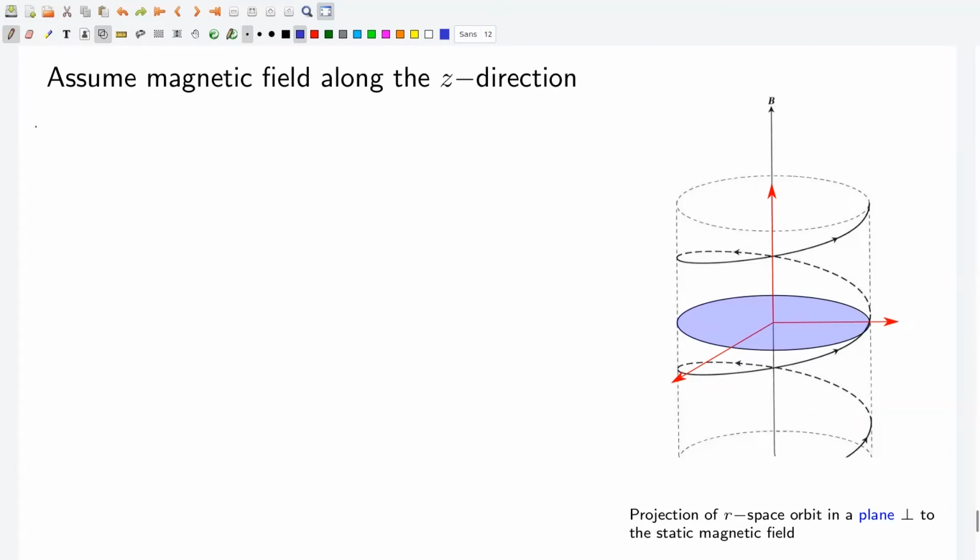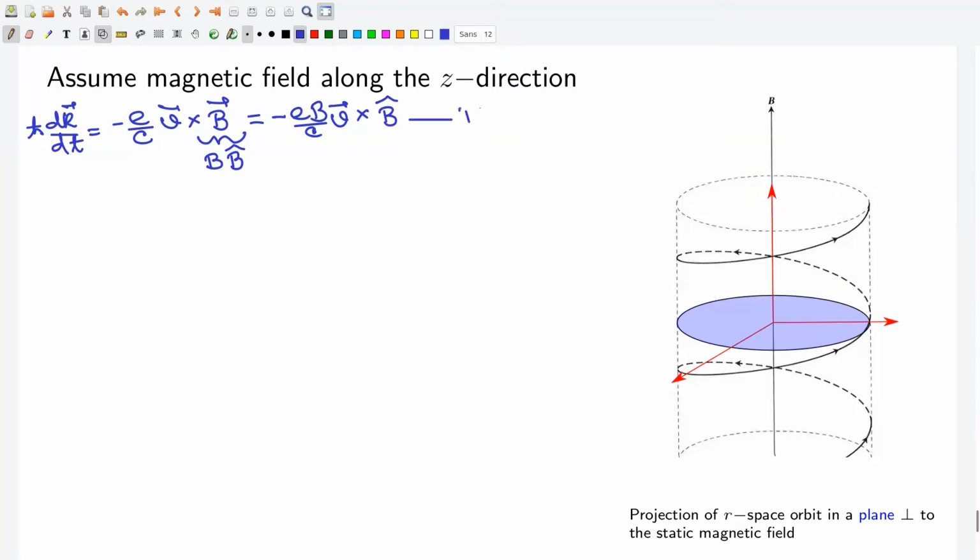In the presence of a static magnetic field, the equation of motion is ħ dk/dt equals minus e/c v cross B. Now we express the vector B in terms of its magnitude and unit vector in the direction of B, such that this equation is minus eB/c v cross B hat.